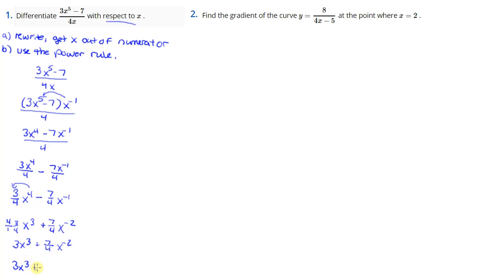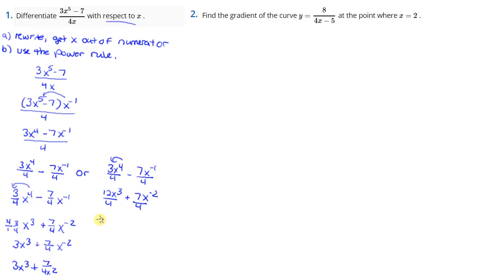And if I want to rewrite it so the x has a positive exponent, I bring the x down and make it a positive x squared. Now keep in mind, like we talked about in class, I could leave this the way it was written above and just find the derivative of the numerators. So this is going to be 12x to the 3rd over 4, and this is going to be 7x to the negative 2 over 4.